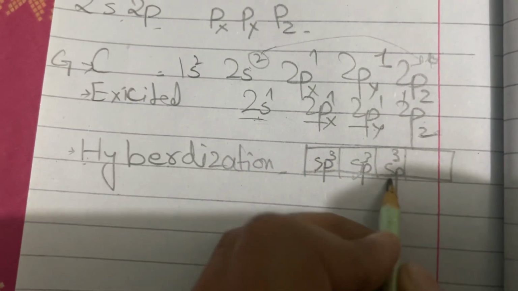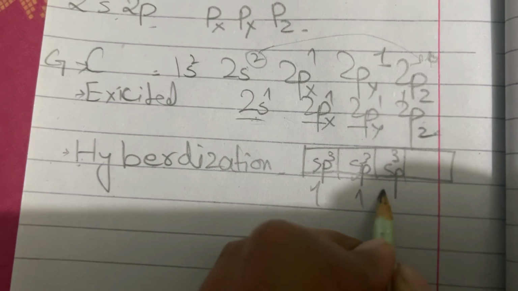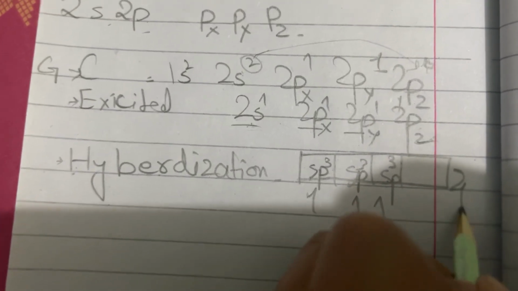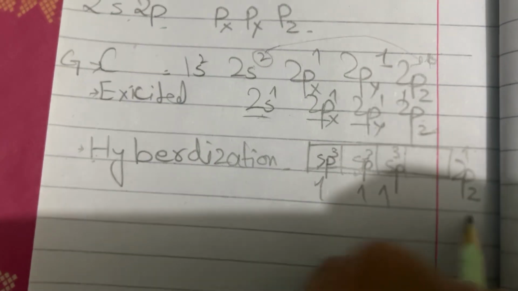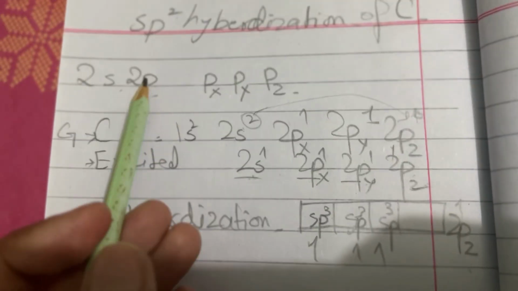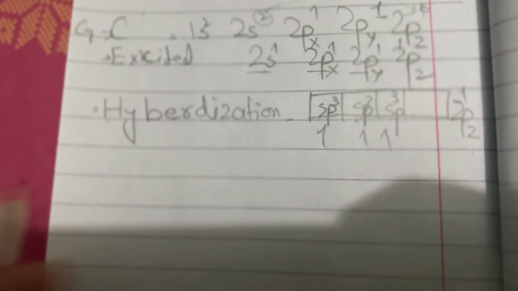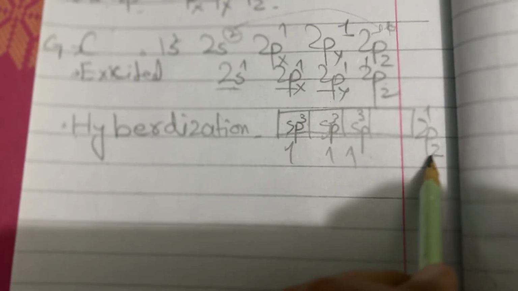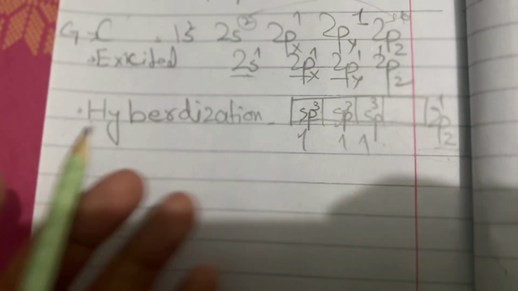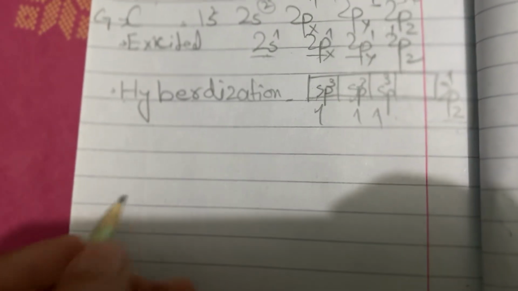So three new orbitals are formed with one electron in each, and the 2pz is left behind unhybridized because this is sp2 hybridization. The 2s and two 2p orbitals hybridize to form three new orbitals which have equal energy, and the 2pz is left behind with different energy. It does not get involved in overlapping.